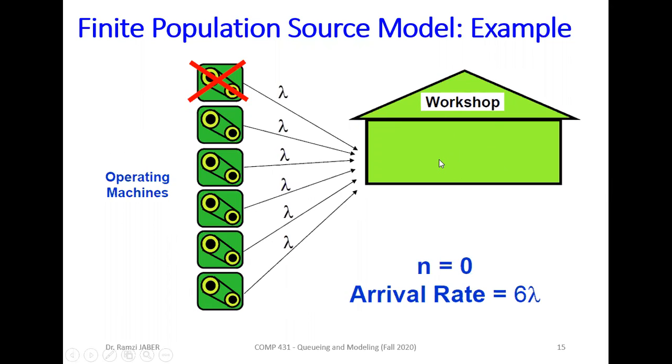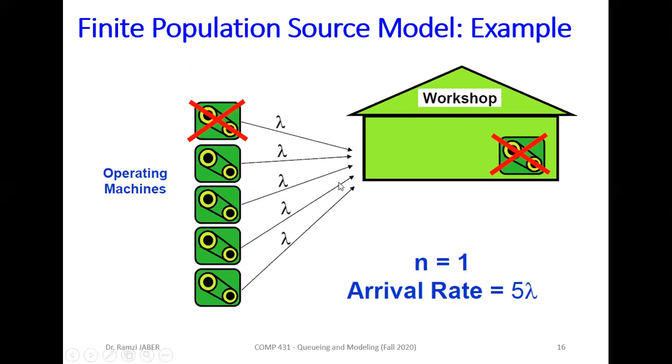At n equals 0 inside it, we have P0, so the expected arrival rate will be 6 lambda. If any machine has a failure, it will go into the workshop, so n equals 1 inside the workshop, and the arrival rate will be 5 lambda.